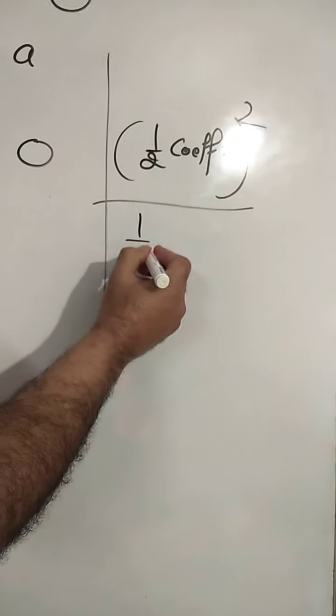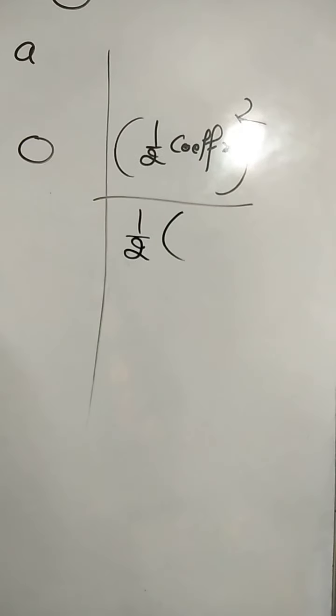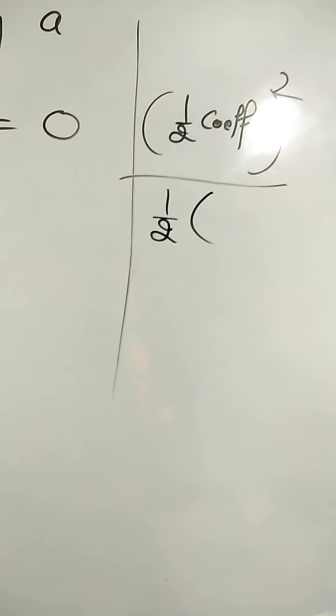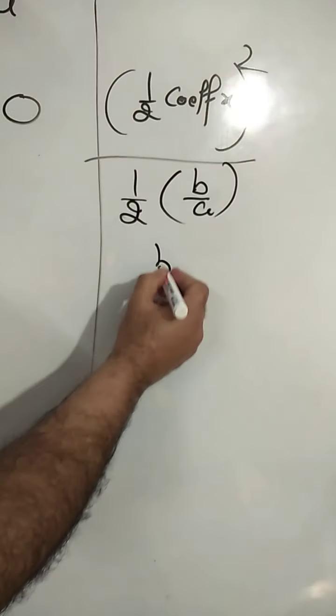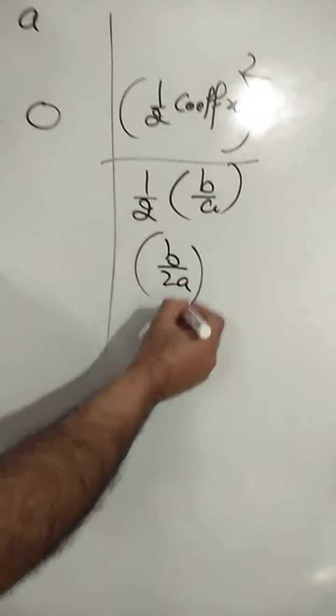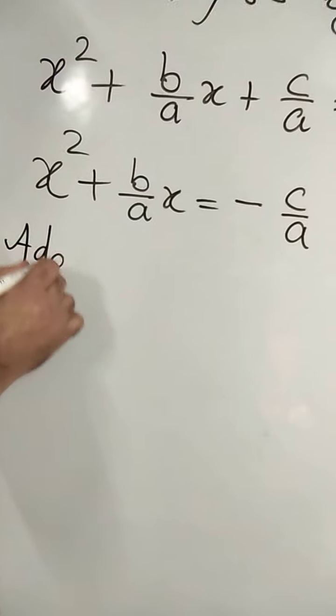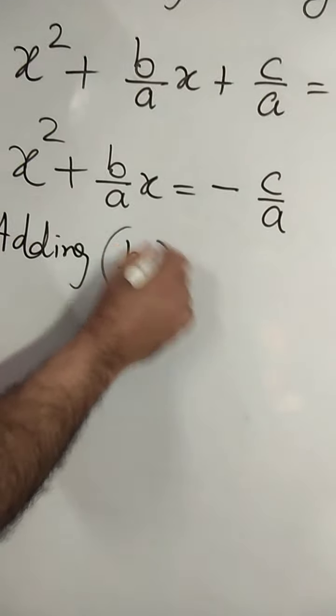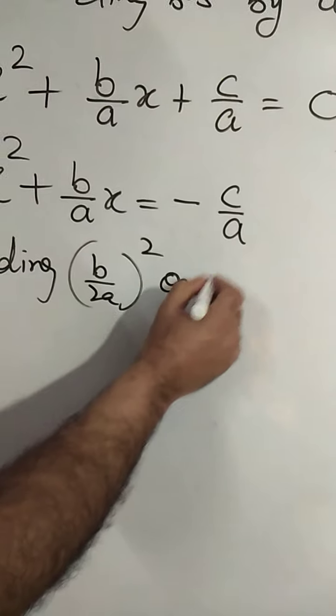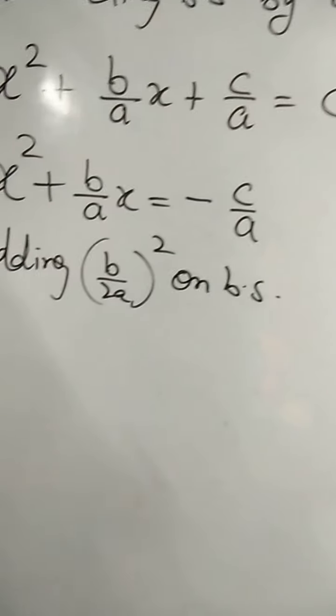The best way is to write half into that number. Here the term is b over a, so what is the half? B over 2a. Its square. So adding b over 2a square on both sides, right?